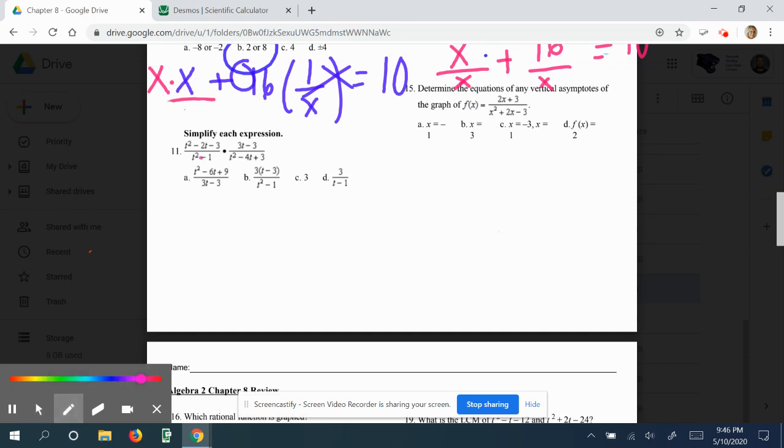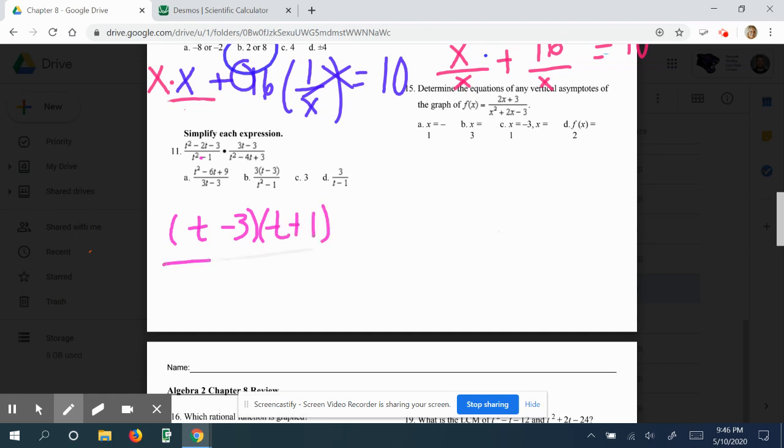So I look at the top one, t squared minus 2t minus 3. So that is going to be t. The two numbers that multiply to negative 3 and add up to negative 2 would be negative 3 and 1, so t minus 3 and t plus 1, okay? Over, now t squared minus 1, that's a difference of squares. So it's going to be t plus 1 and t minus 1, okay?